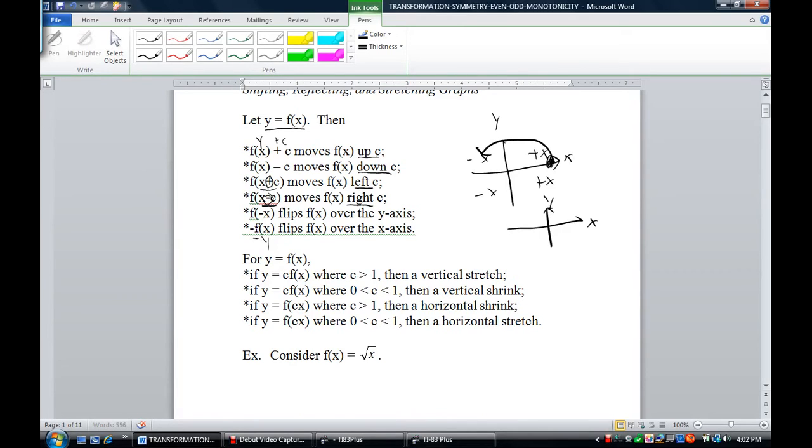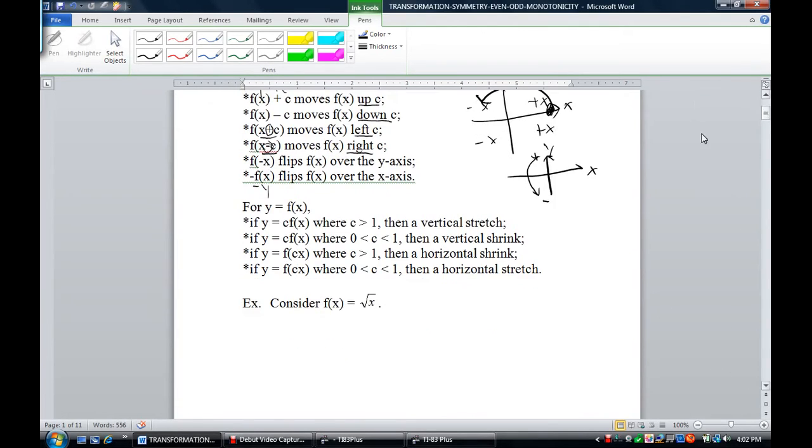Notice this negative in front of f of x or negative y. Up here they're all positive, and down here the y's are all negative. So if you go from a positive to a negative y, that's over the x-axis. We'll show you some other ways to look at it, but that's what's going on.